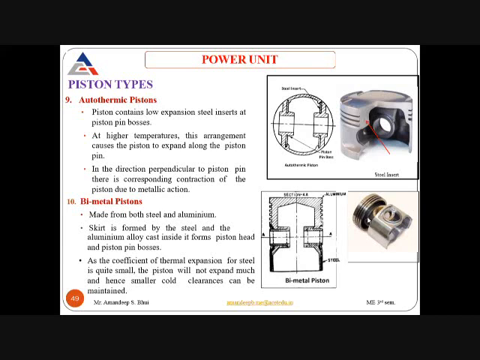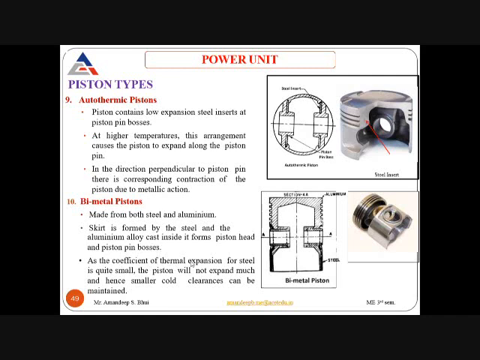This portion is made up of aluminium alloy, and the bottom portion, that is the skirt portion, is made up of steel. The skirt is formed by the steel, and the aluminium alloy is cast to form the piston head and the piston pin bosses.